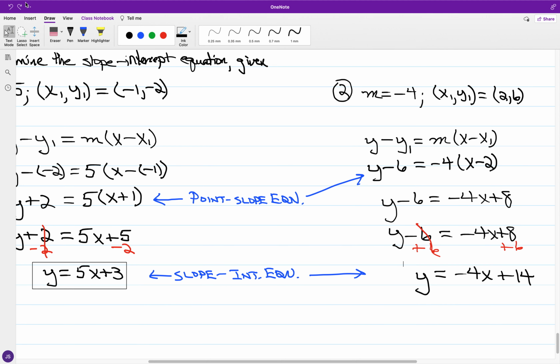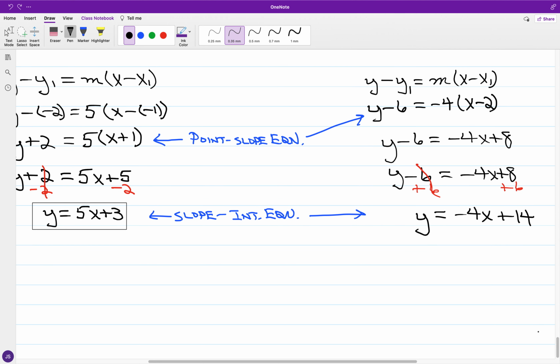And now, just some items looking at the determination of the slope-intercept equation.